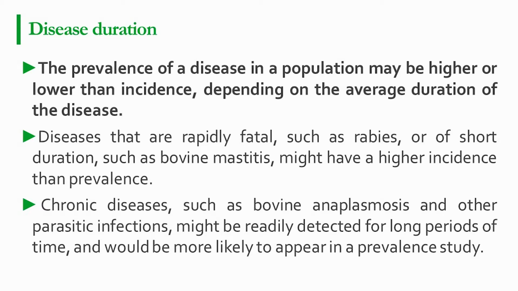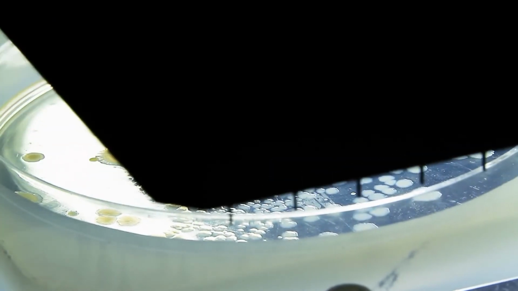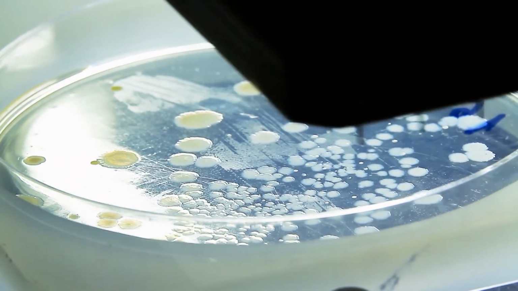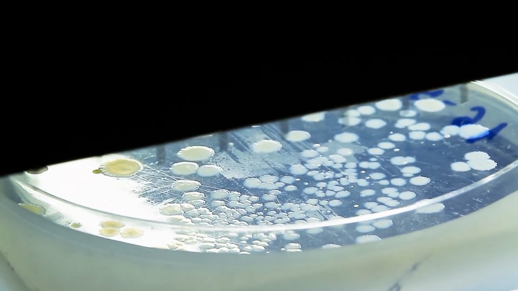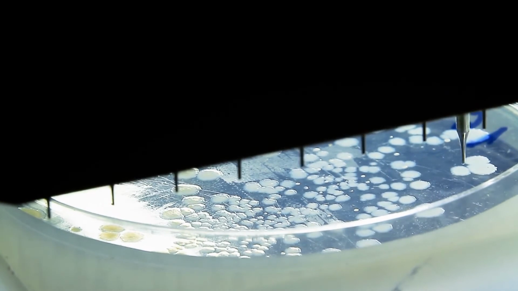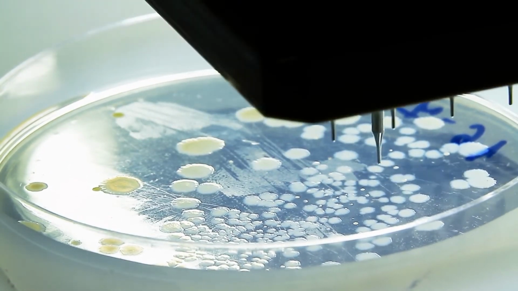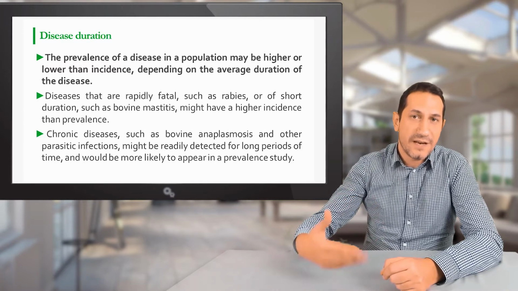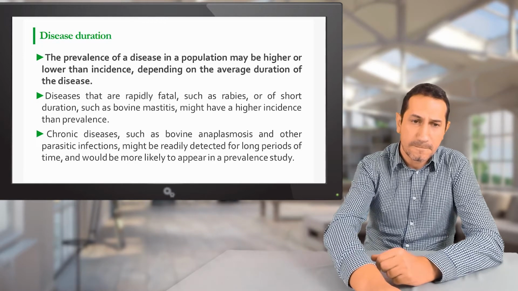And while with chronic diseases such as, let's say, tuberculosis or anaplasmosis or other parasitic infections, the cases persist for a long time in the population, so they are prevalent for a longer period, and so they most likely would have an increased prevalence in such instances.